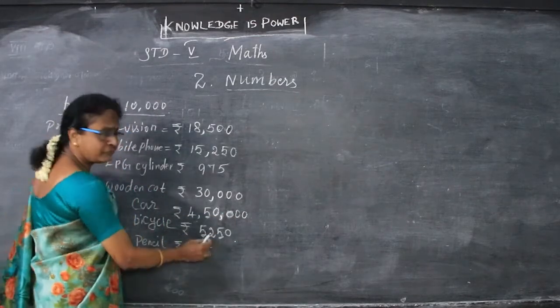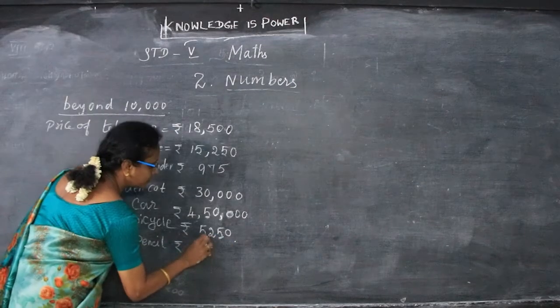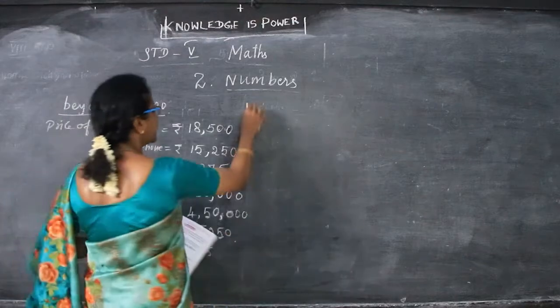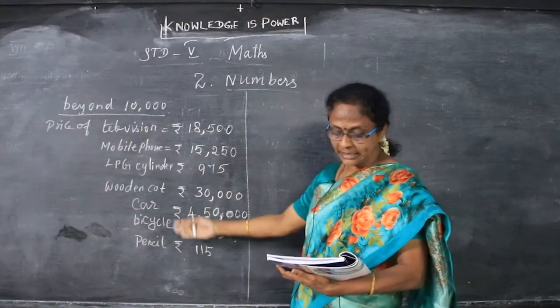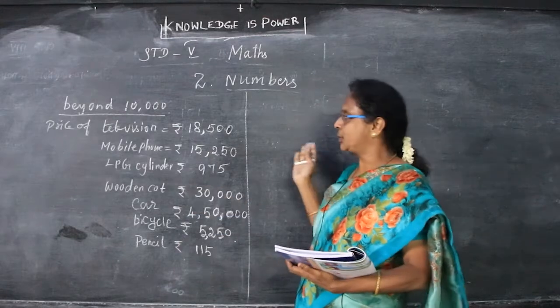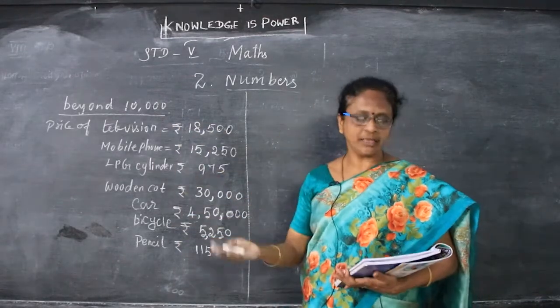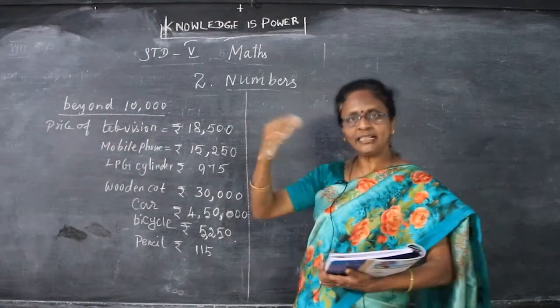Then the bicycle is 5,250. I'll put the commas here. Then the pencil is rupees 115. Now what they are asking you to do is, among these prices, which are more than 10,000 and which are less than 10,000. The objects that cost more than 10,000, and which are all less than 10,000.